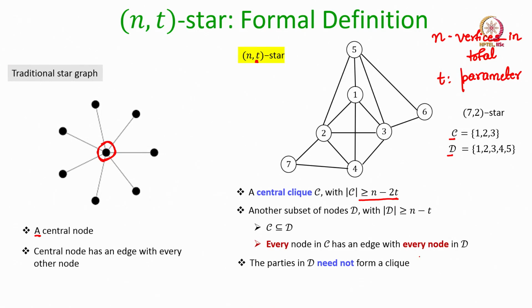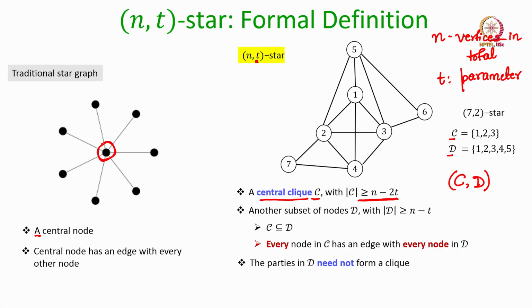We say that a pair of sets fancy C, fancy D constitute an NT star if the following conditions hold. The set fancy C should have at least n minus 2t vertices, and it should constitute a clique, namely all the vertices within the subset fancy C should have an edge among themselves.